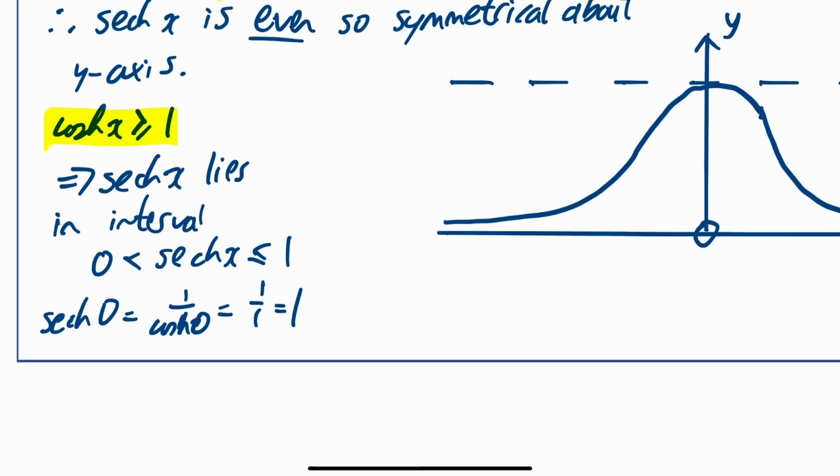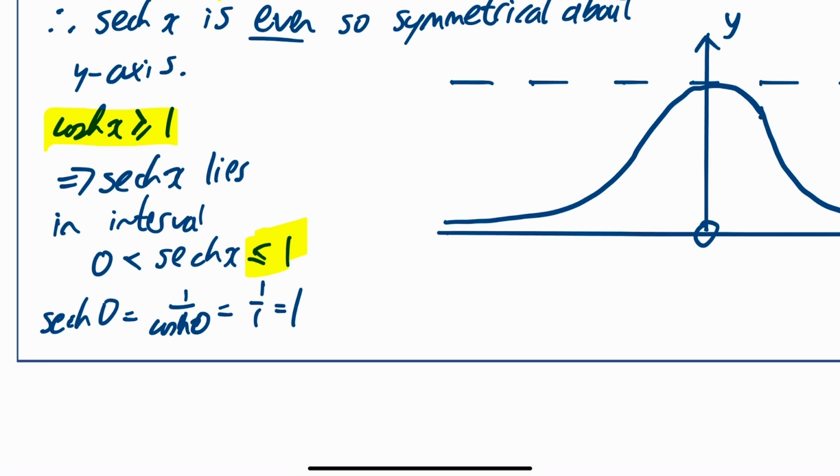So the biggest that sec can be is whenever hyperbolic cos is equal to 1, because 1 divided by 1 gives you 1. And then if hyperbolic cos is bigger than that, then sec will be smaller.